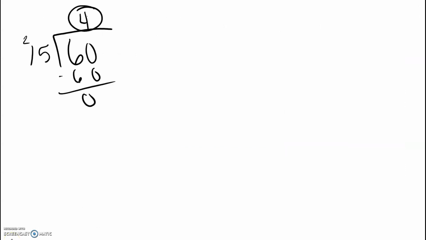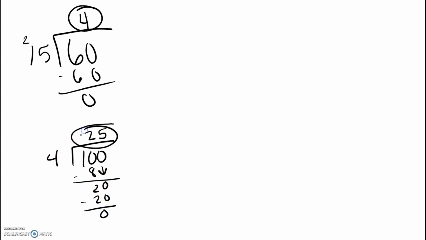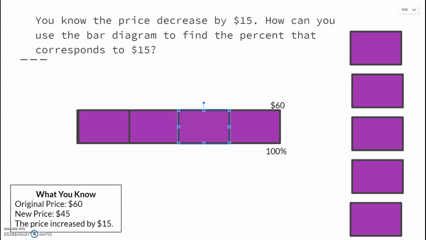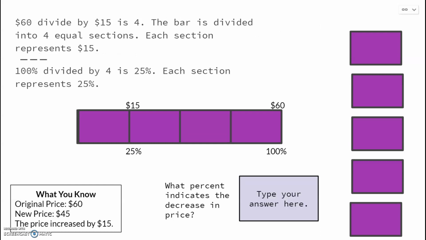We know we have 4, so 100 divided by 4: 4 goes into 10 twice, 2 times 4 is 8, 10 minus 8 is 2, bring down my 0, 4 goes into 20 five times. So it's going to be 25%. Each one of these blocks is 25% of the whole. So all 4: 25, 50, 75, 100 equal the whole.